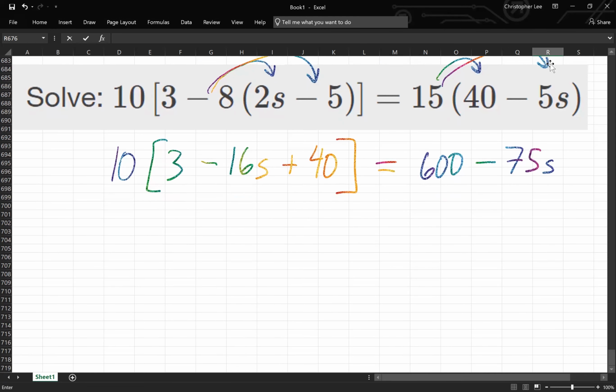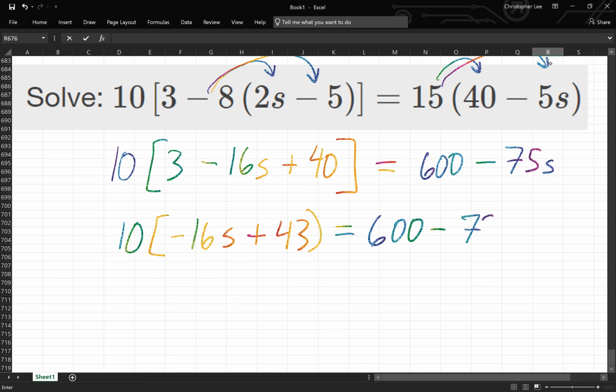Okay. Let's combine like terms to make our lives a little bit easier. So I'm going to have 10 times negative 16s plus 43 is equal to 600 minus 75s. Now I want to distribute this 10 onto every term.